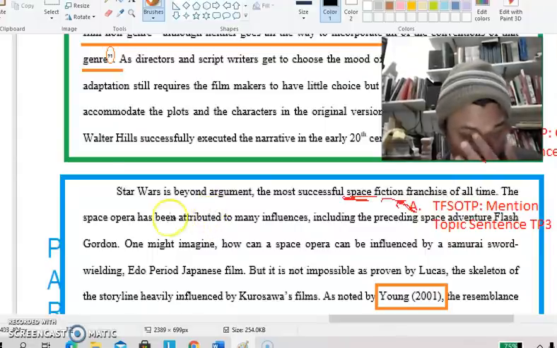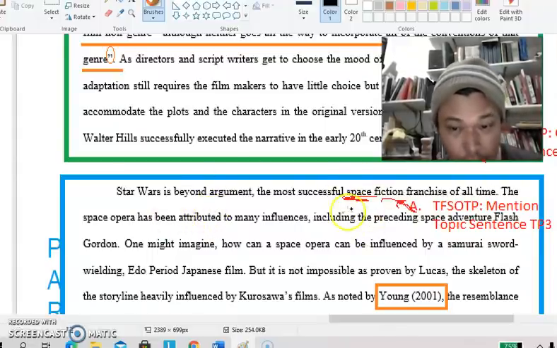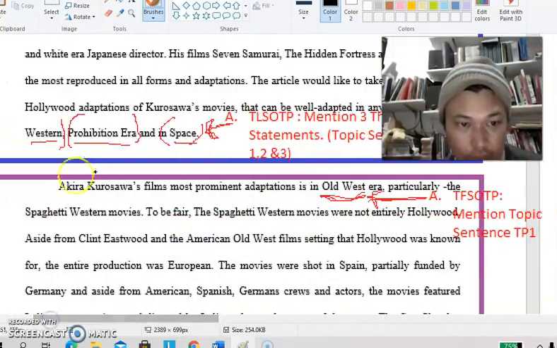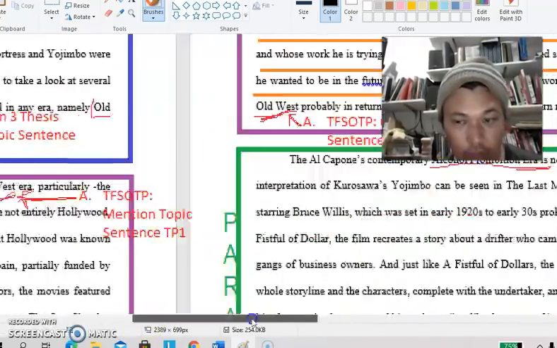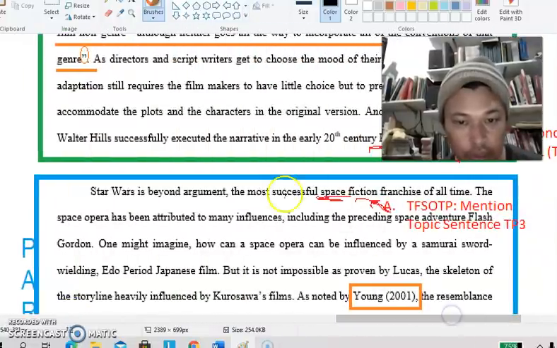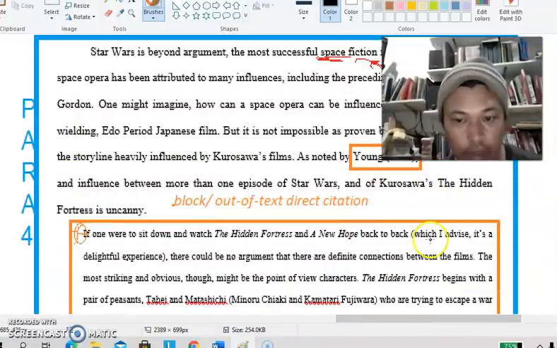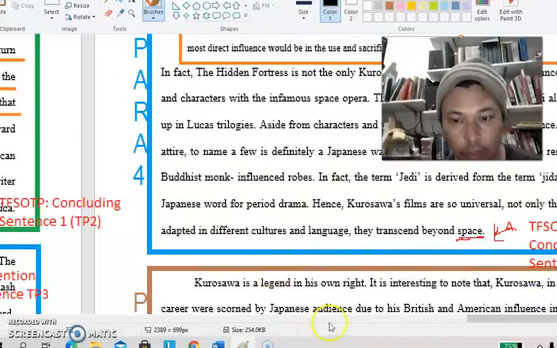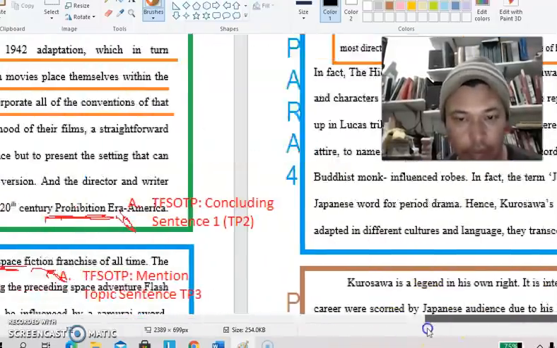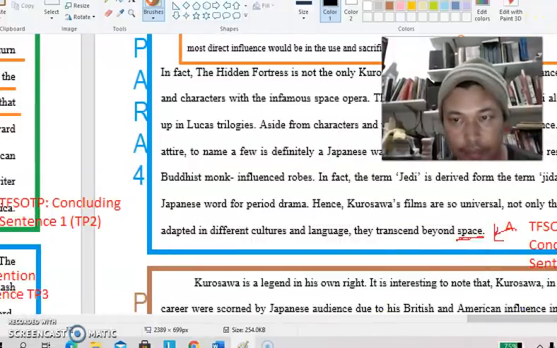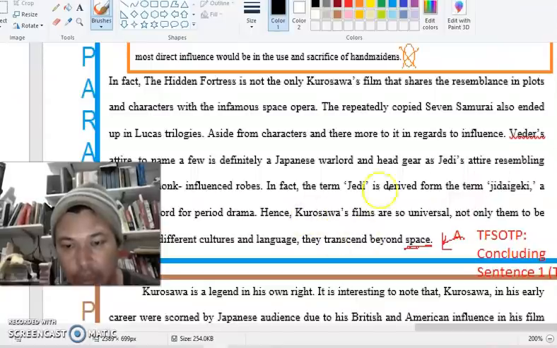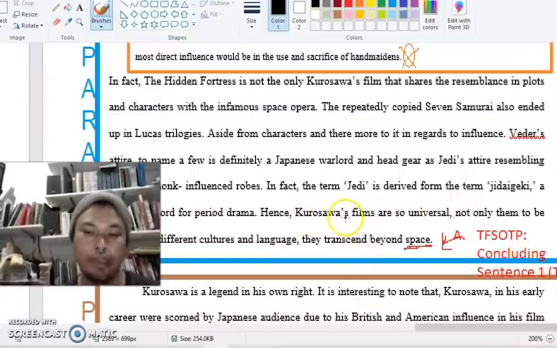Similarly, the third point, Star Wars, space, here is the thesis statement, and again, I mention space here. And in the last sentence of the paragraph, of course, space will be written here one more time.